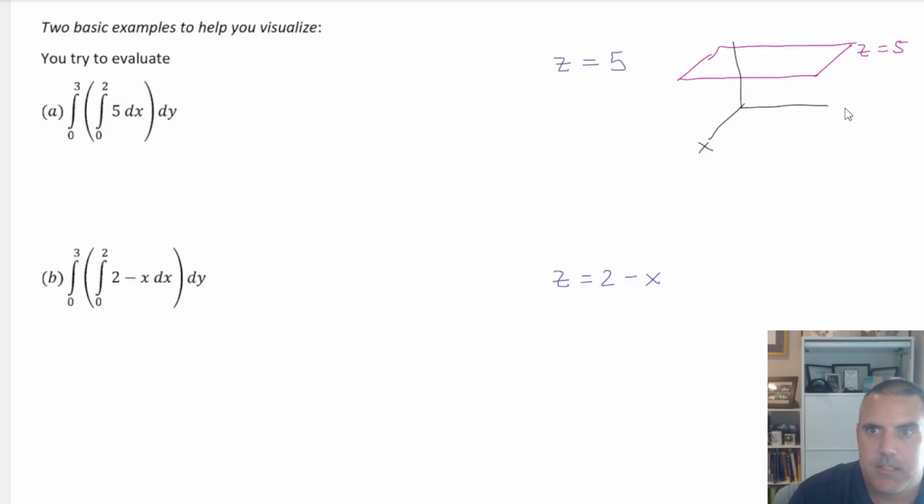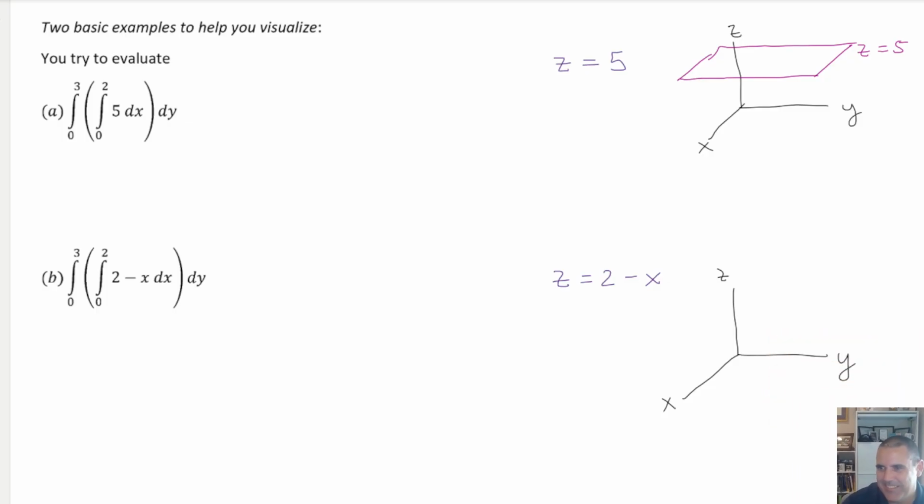So here's x, here's y, and I'm going to draw another one here. x, y, this is z. Okay, and then we're going to graph this, z equals 2 minus x. If you were to graph that, when you plug in 0 for x, you get a 2.